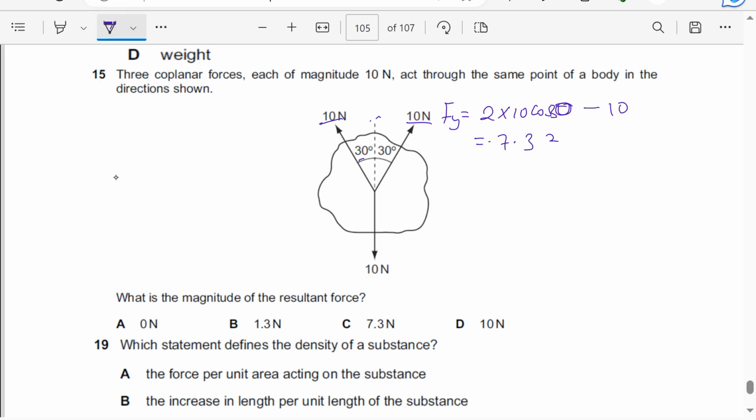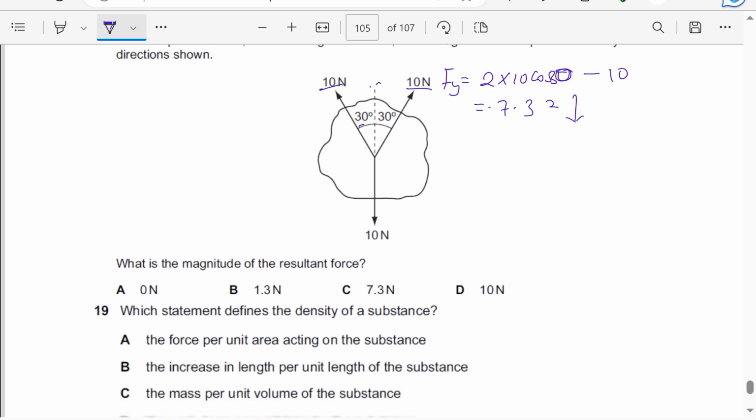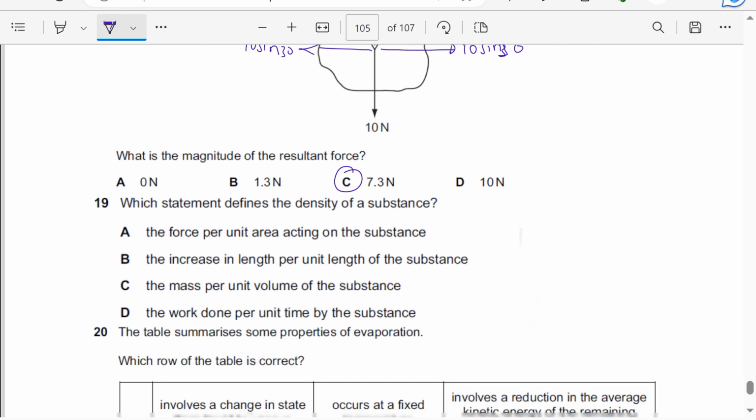Of course, the negative is showing that this is going to be downwards. So the answer is automatically C without wasting time. What is the magnitude of the resultant force? It is 7.3 because in the horizontal, this one points to this side, T sin of 30, and the other one will also be T sin of 30. So there is no resultant in the horizontal.